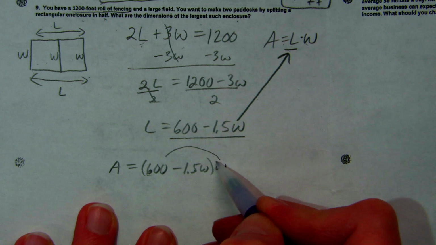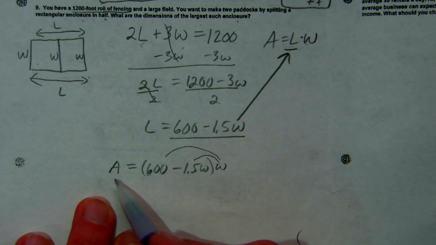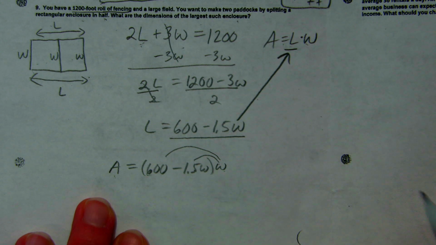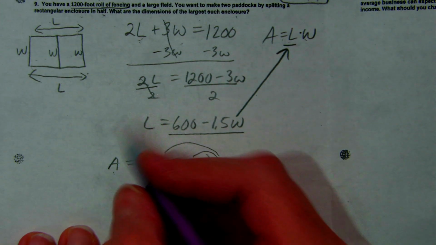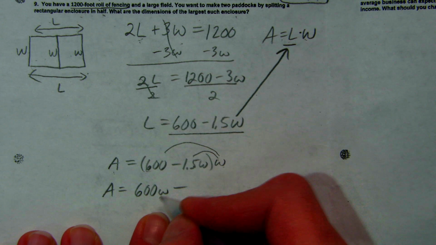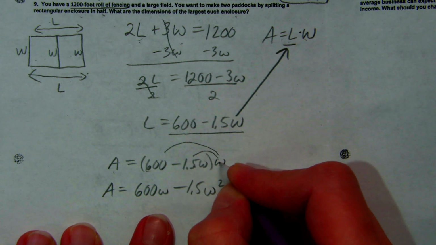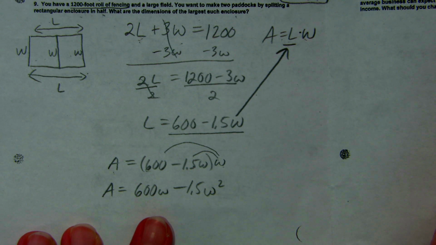Then we can distribute this out. We're trying to maximize this. So this is just the area. That's just the name of our function. It's our y. 600W minus 1.5W squared when we distribute both of those.